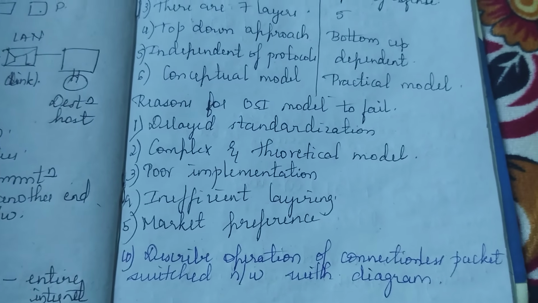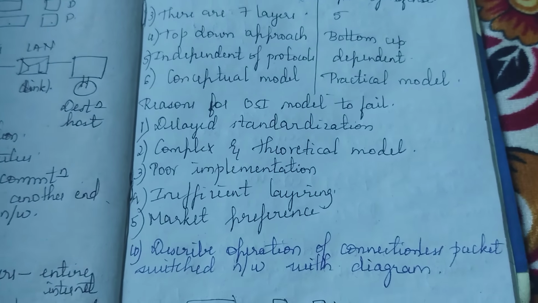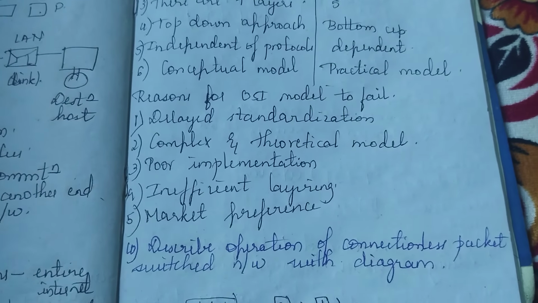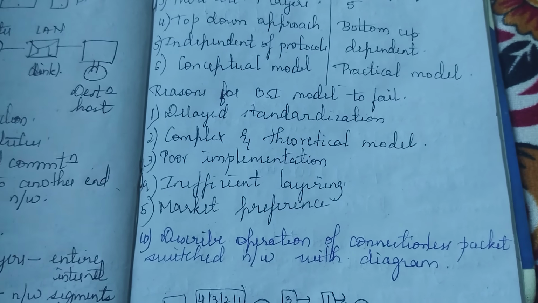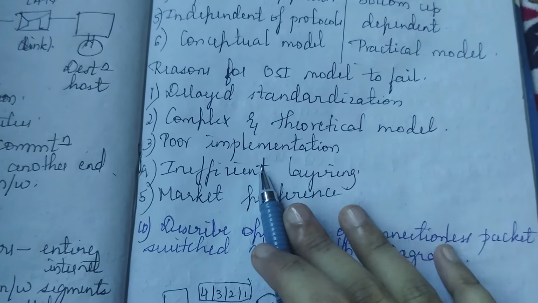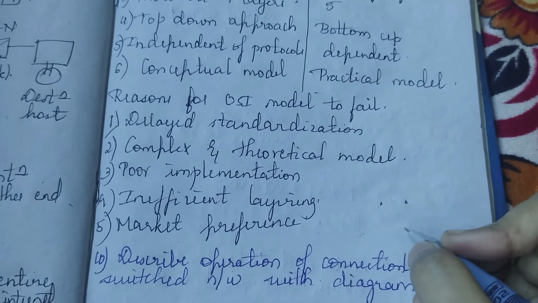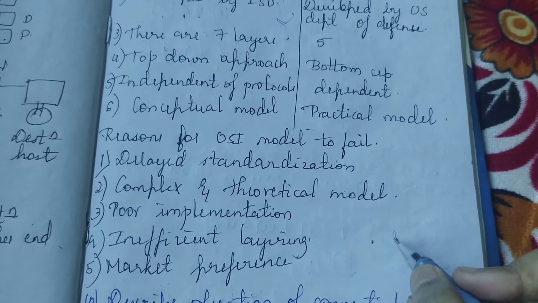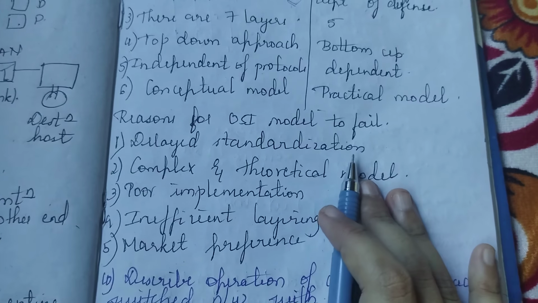The first reason for OSI failure was that even though it was made, it was not standardized, it was not registered. Actually in reality the OSI model was formed first. Later they formed TCP/IP and registered it fast, but OSI, even though formed, was not registered.